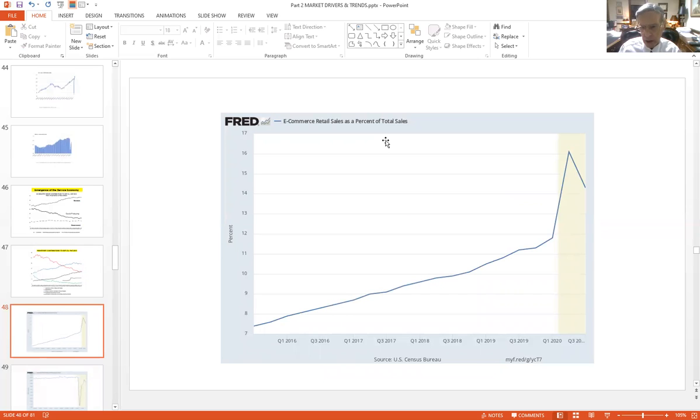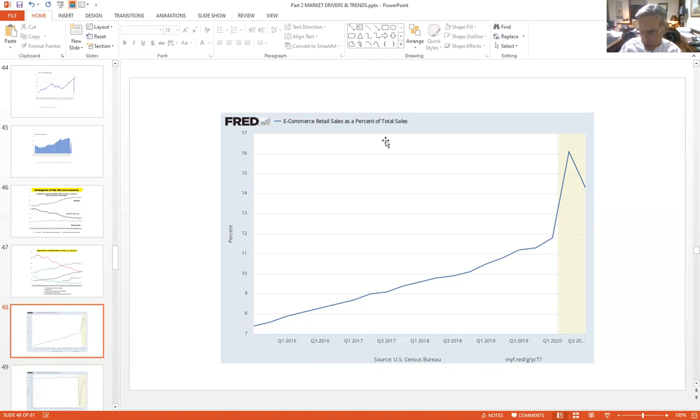Okay, so we'll take a look now at some trends in retail sales. Here we have trends in e-commerce, and you can see that with people staying at home and working at home, it really shot up dramatically.